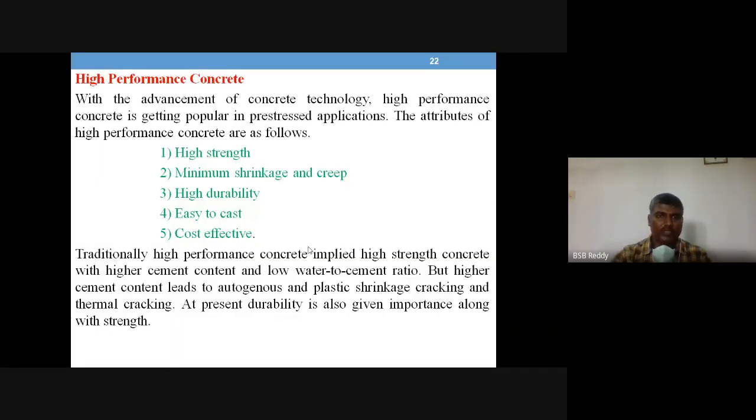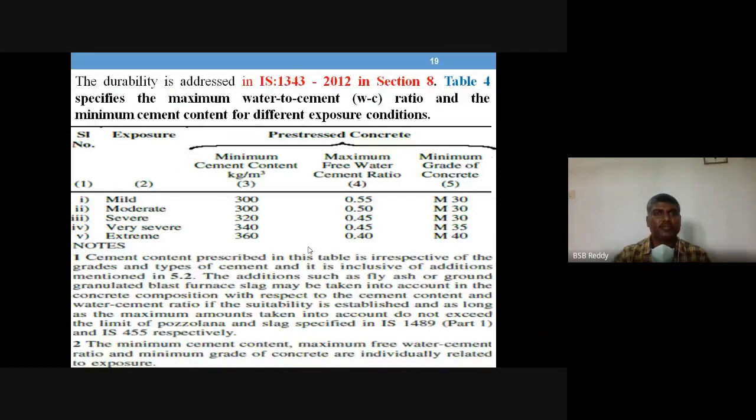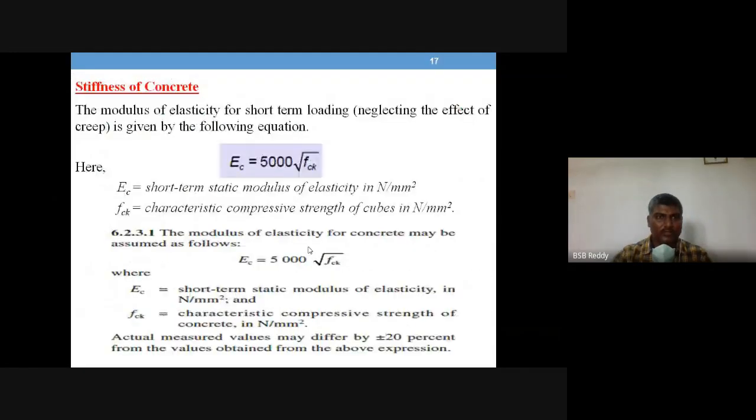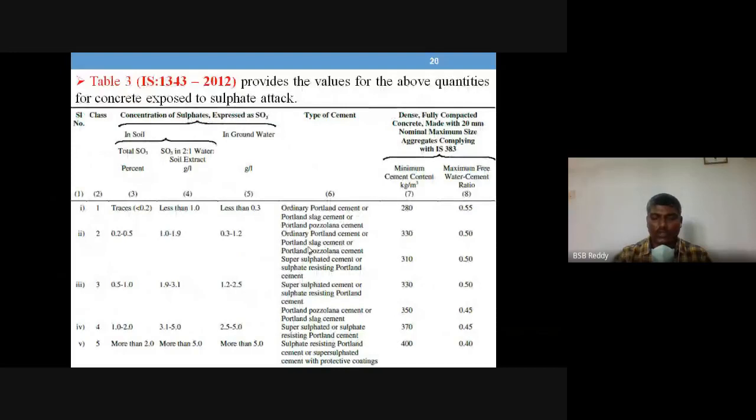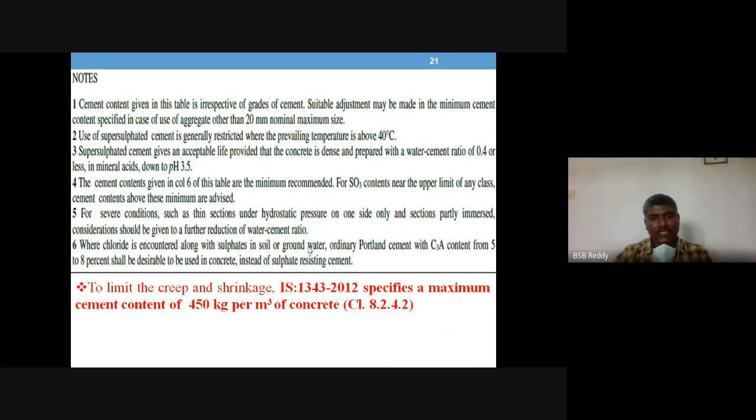Last session, we talked about the properties of hardened concrete, including durability and stiffness of the concrete. And what shall be the minimum cement content, maximum water cement ratio, and type of cement for different chemical exposures, like majorly sulfate attack, and finally what is the maximum cement content in a concrete that you can permit.